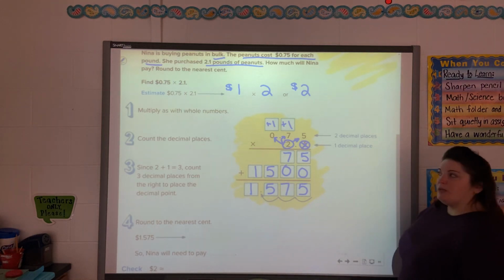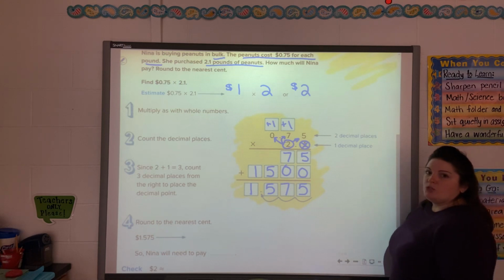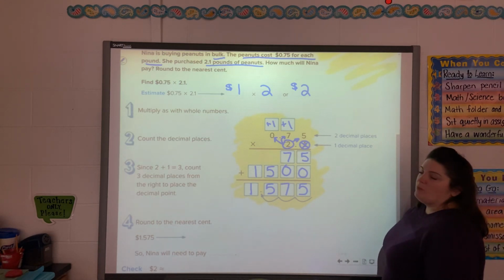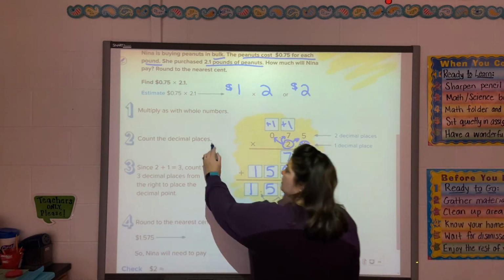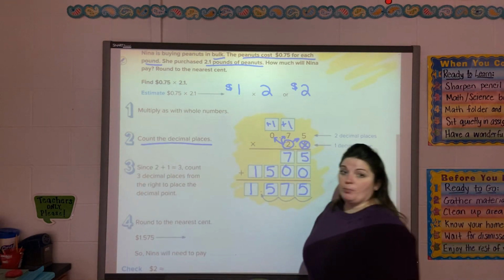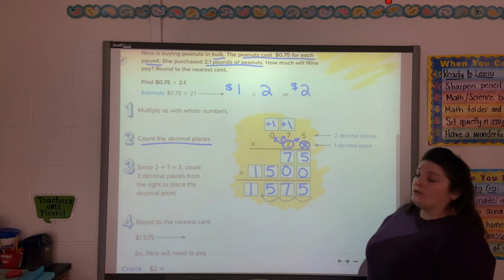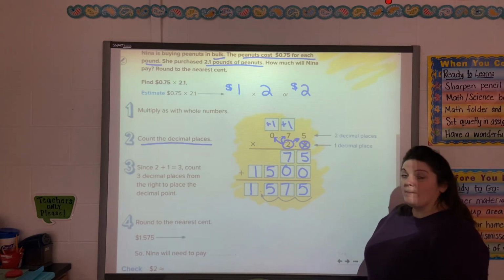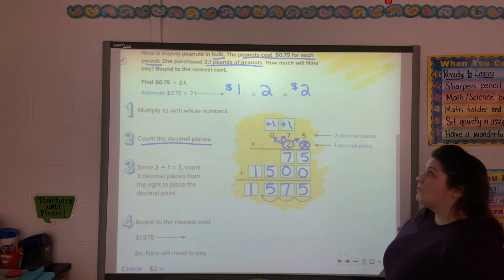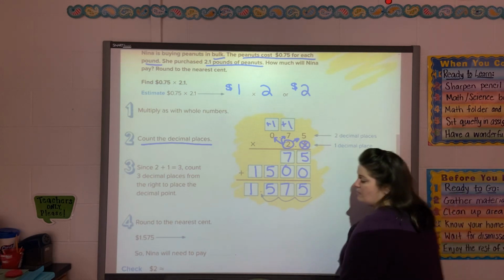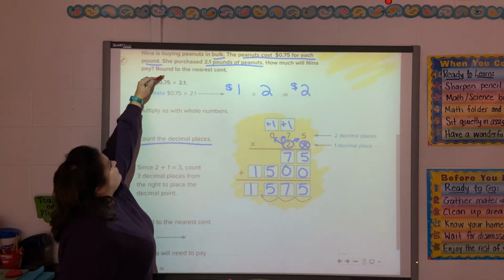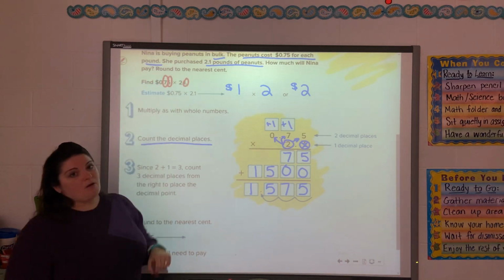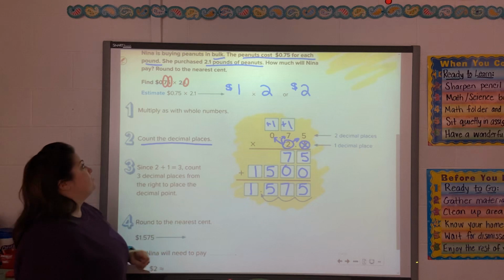So where do I place my decimal point? Just like in our previous lesson when we multiplied a whole number by a decimal, you have to count the decimal places in the problem and make sure your answer or product has the same number of decimal places. So if I go to my original problem and I count the decimal places, the 7, the 5, and the 1 are all in the decimal place values.